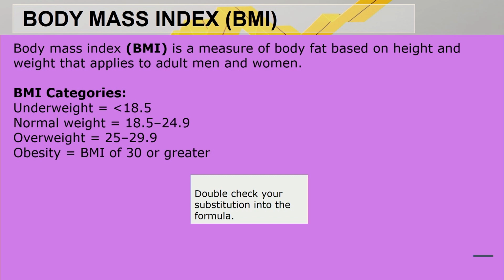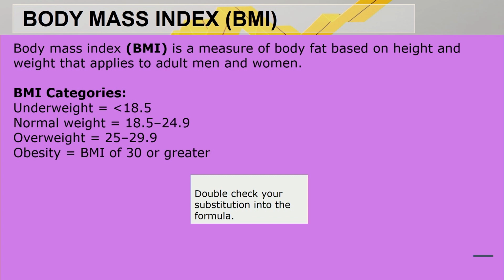If you are underweight, you will have a BMI of 18.5 or less. Normal weight will be 18.5 up to 24.9. Overweight is 25 to 29.9. And then if you are obese, it will be greater than 30.